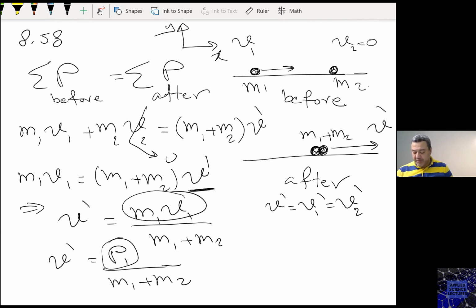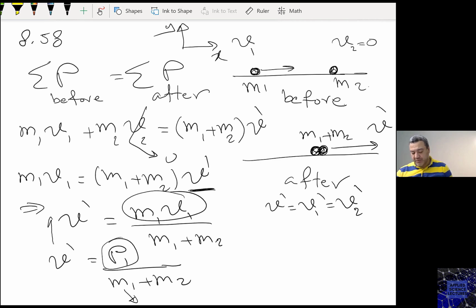If m1 is smaller than m2, then v prime will be large, right?